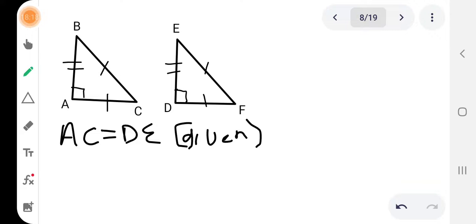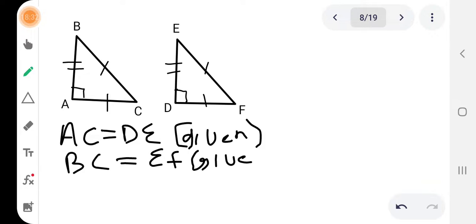And also I think BC will be equal to EF. Your reason will be given. Okay, and we are also given that angle A is equal to angle D.